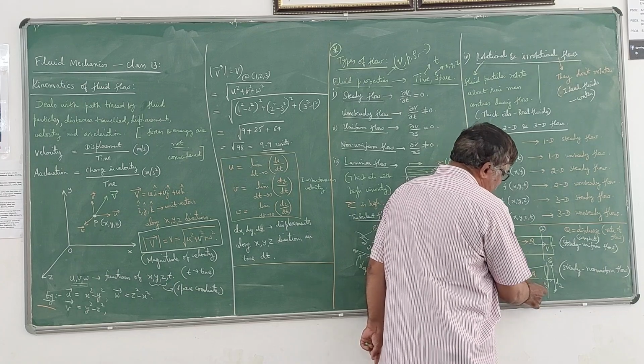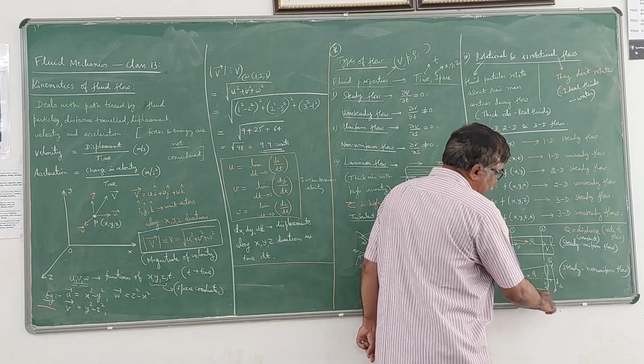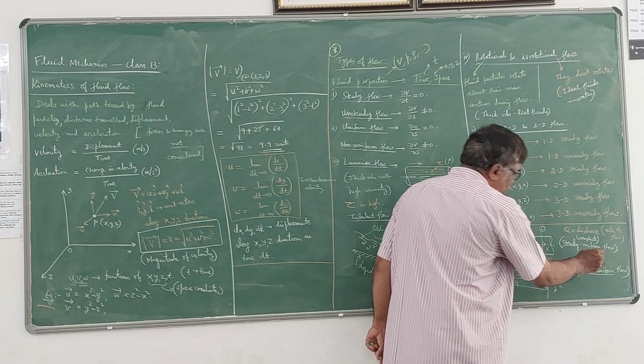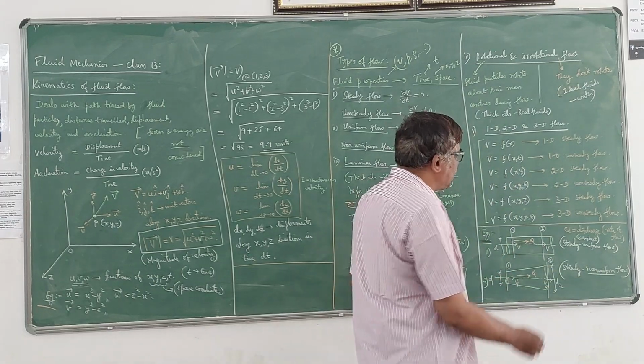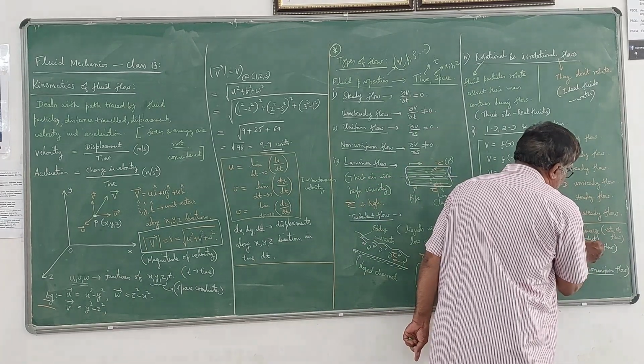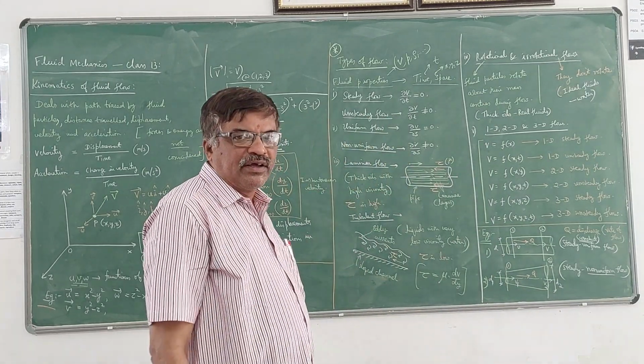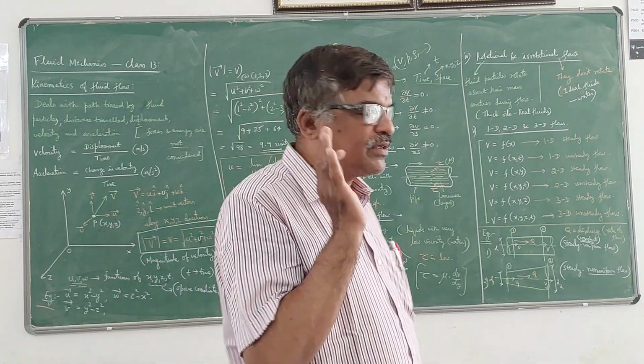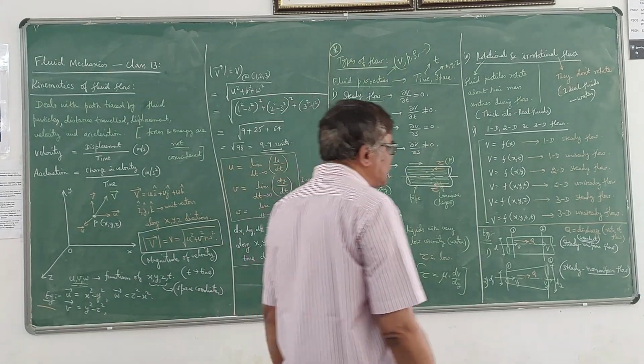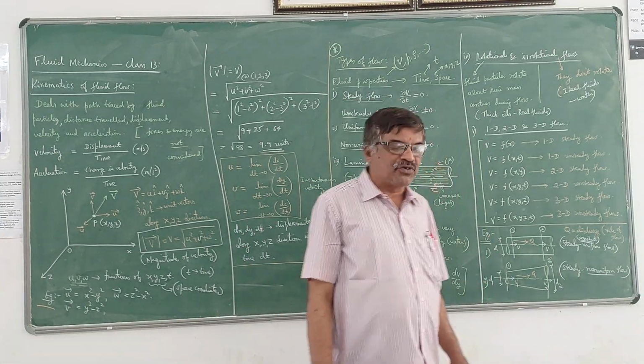Since velocities are different over a particular length, it becomes non-uniform. It is steady because I have taken constant discharge here. If the discharge is constant, we say that it is steady flow. Please note that point. If the discharge varies, it becomes unsteady.